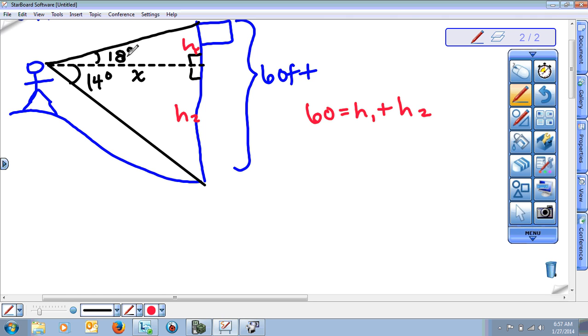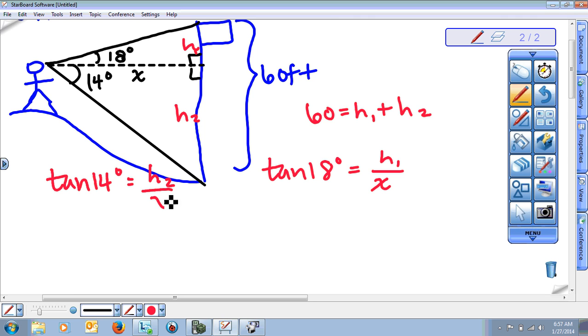We have an angle. We have opposite as h and adjacent is x. So we're going to do tangent. Tangent of 18 degrees equals opposite over adjacent. We also know with the 14 the same things, that we can label them as opposite over adjacent.